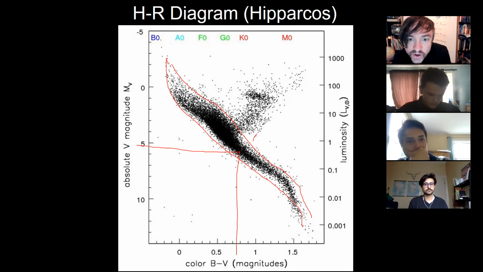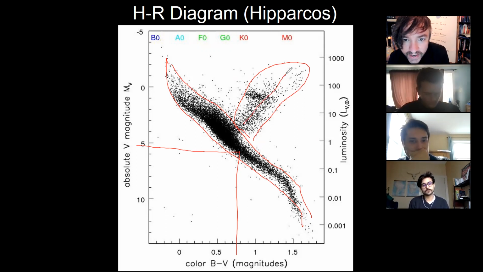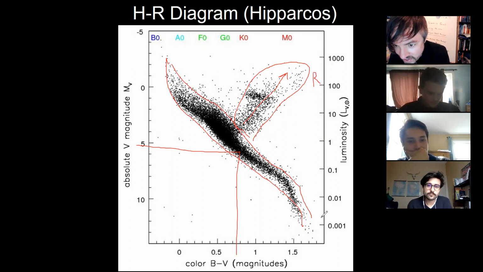But they had to wonder, what's up with these stars? These stars seem to be doing their own thing. Because they're diagonally up and to the right, these stars clearly have bigger radii than their contemporaries on the main sequence. The fact that there are smaller numbers means they're going through something weird and extraordinary.